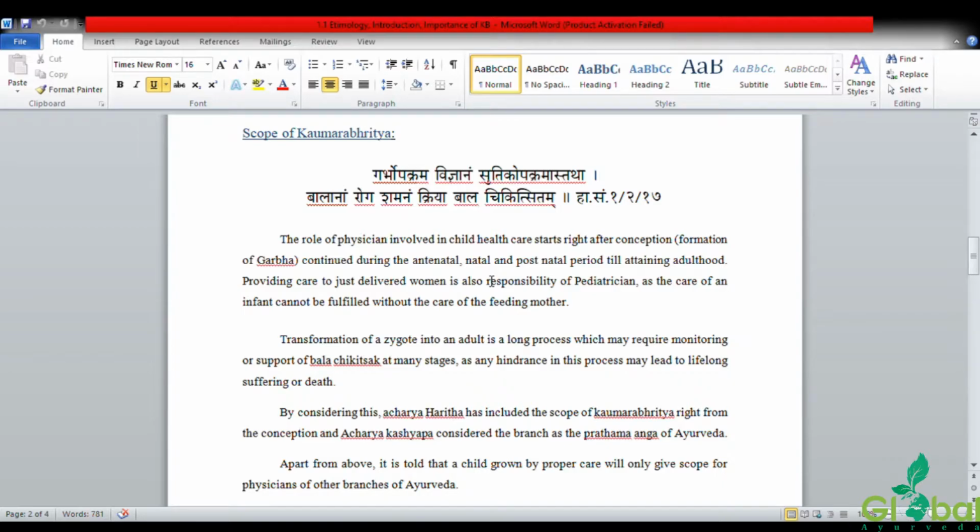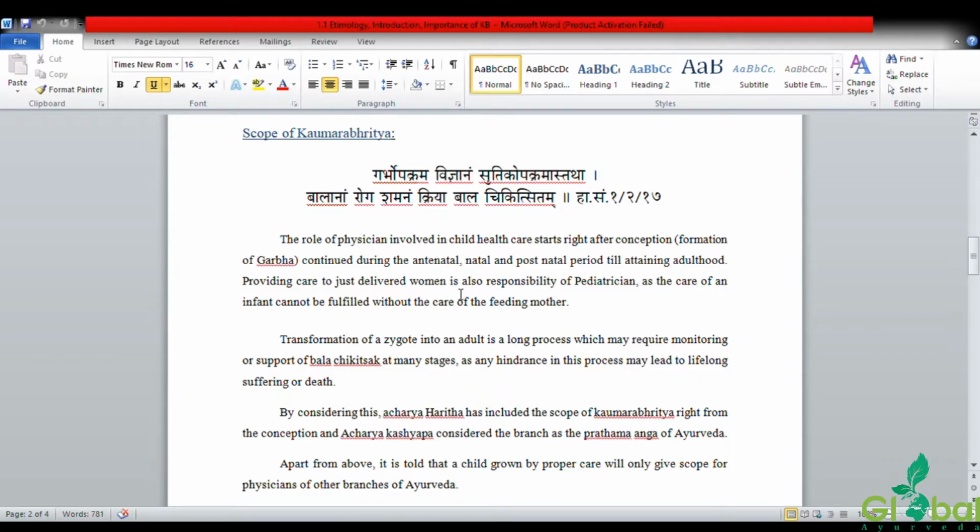Providing care to just delivered women is also the responsibility of the pediatrician, as the care of an infant cannot be fulfilled without the care of a feeding mother. The lady who has just delivered the baby has the responsibility to feed the child. She is the only way the child can get nourishment. That is why Kaumarbhritya deals with the pregnant lady, the just delivered lady, and also the child, its diseases, its management, everything.